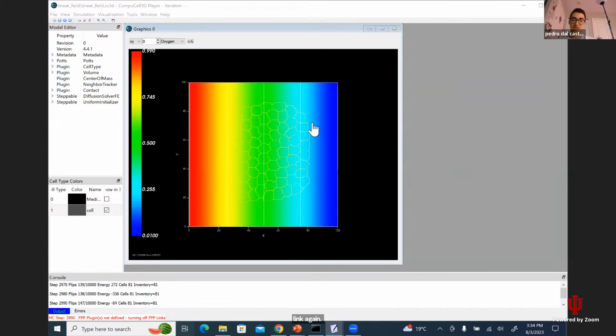Yes, both. It is in student materials, demo codes, and there's a folder called chemical fields and diffusion. Inside, you can grab the simulation. Okay, let's keep going.